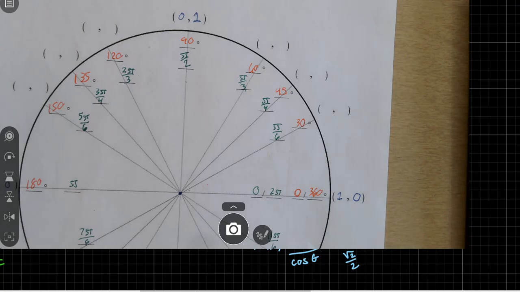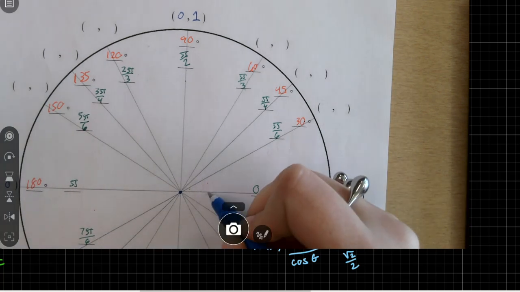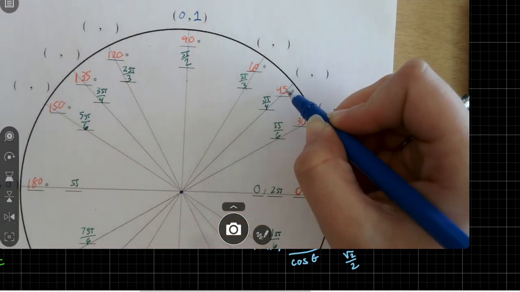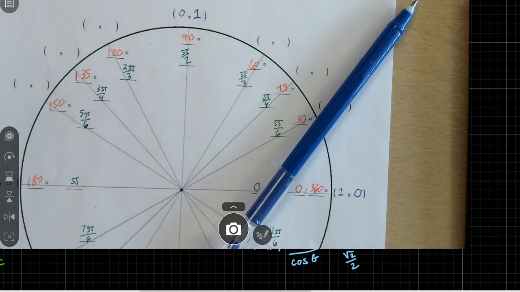What is the angle between our terminal side and the x-axis? 45 degrees. So I'm from here to here, so I'm at 45 degrees. I will wait until you guys find your sheets.